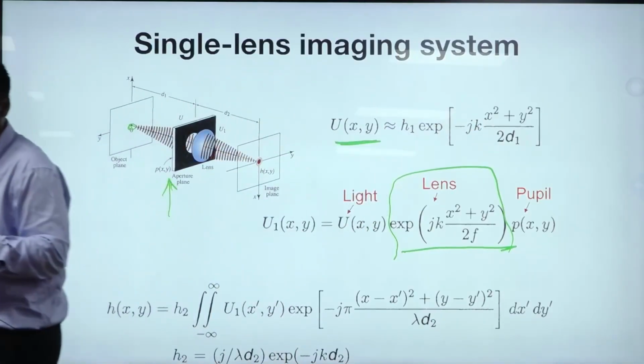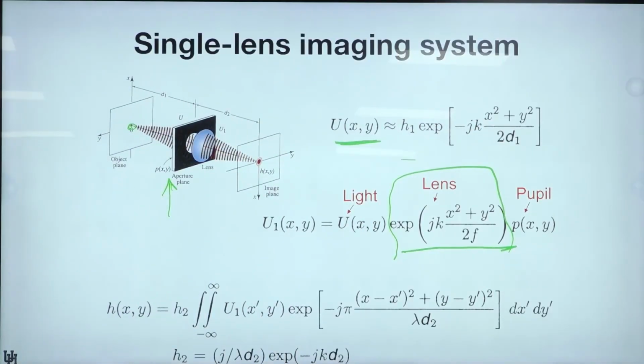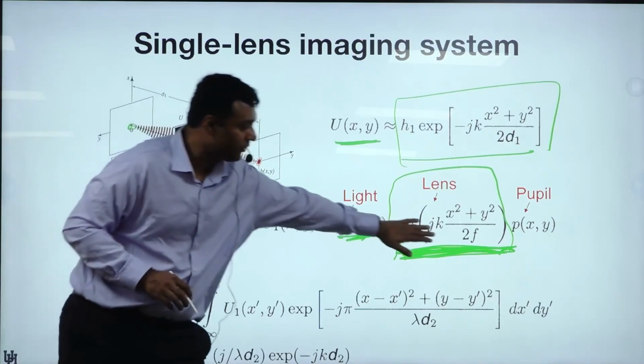We saw this in the previous class, right? So this is basically the spherical wave hitting the lens. When it hits the lens, passing through the lens is equivalent to multiplying by this e to the x squared plus y squared by 2f equation.